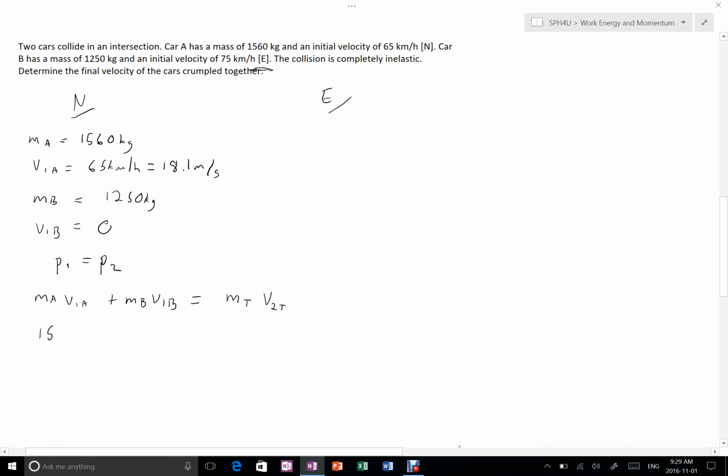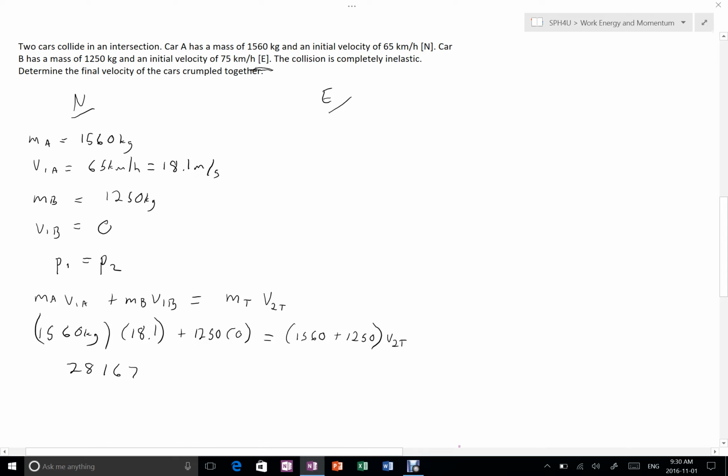So 1,560 kilograms times velocity A, which is 18.1, plus 1,250 times 0 equals 1,560 plus 1,250 times the velocity V2T.